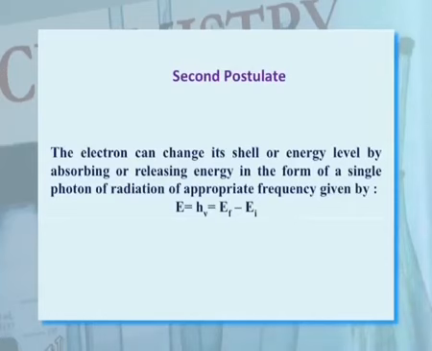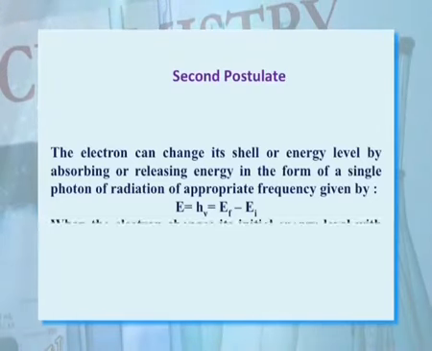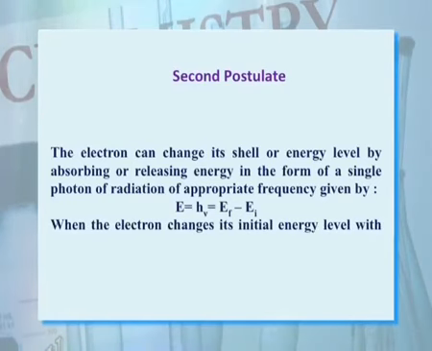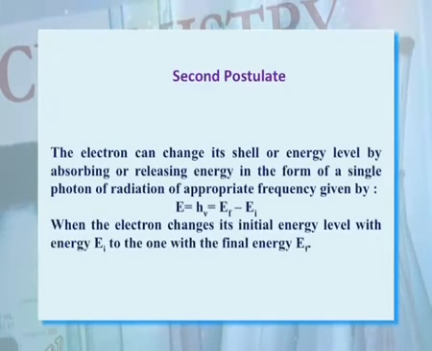Second postulate: the electron can change its shell or energy level by absorbing or releasing energy in the form of a single photon of radiation of appropriate frequency given by the relation E = hν = E_f − E_i, when the electron changes from its initial energy level with energy E_i to the one with the final energy E_f.